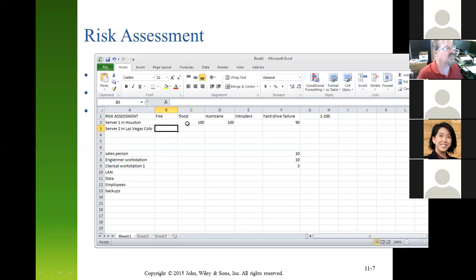Now server 2 in Las Vegas Colo. Yeah, intruders might be a high thing because it's a co-location facility. So there can be physical intruders, network intruders, but it's probably not very likely that they're going to have any hurricanes in Las Vegas anytime soon. So I'll give that a 1.